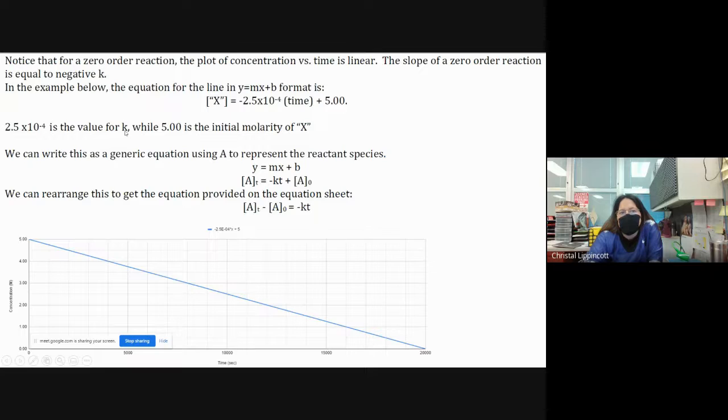So once you have a straight line, you can figure out what your K value is if you know the slope. And that's where your calculator is going to come in real handy for you, because it's going to calculate, and you're going to be able to use those lists to figure out if it's zero, first, or second order, which is all it's going to be on the AP exam. They're not going to have half orders.